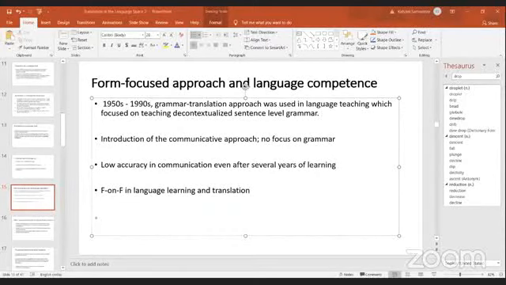If meaning was conveyed, that was accepted to be an efficient method of communication. But if people use language at a higher level in their jobs and for other purposes in society, if accuracy lacks in adult language, that becomes a big problem. It becomes a huge setback.